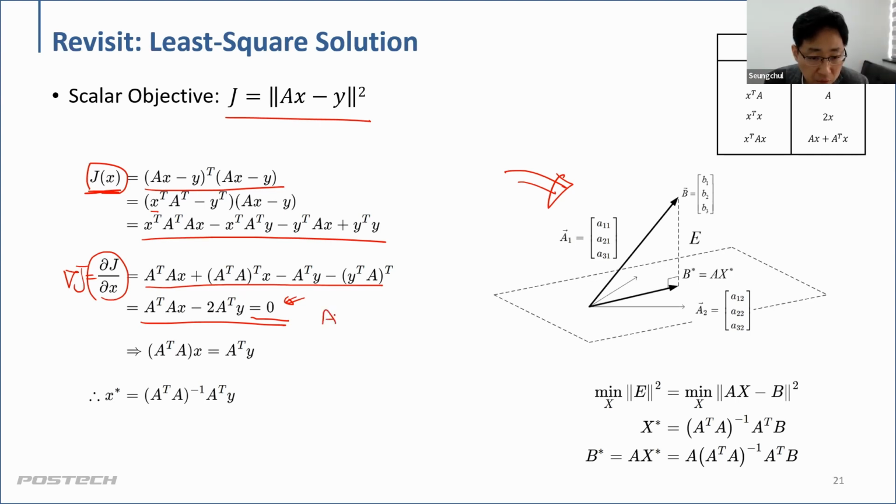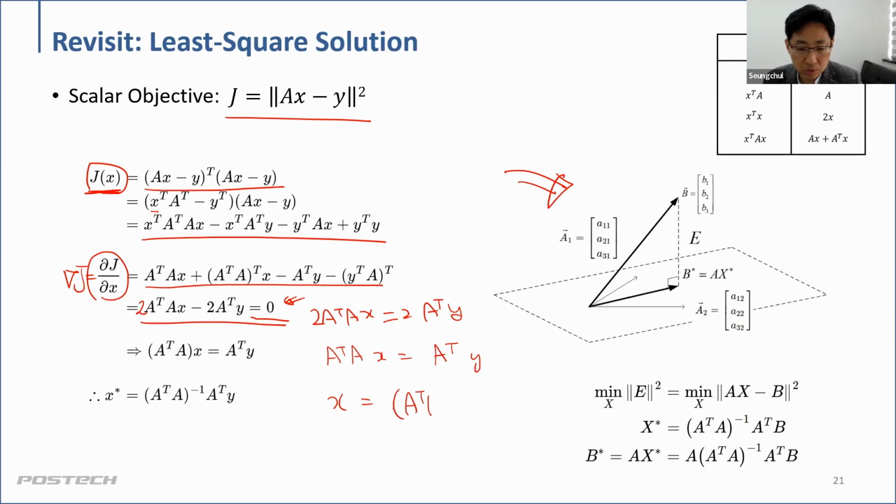And let's say 2 A transpose A x minus 2 A transpose y. I think there's some typo here. We have 2. I missed 2. Set equal to zero. That means A transpose A x is A transpose y. Then x is A transpose A inverse A transpose y.